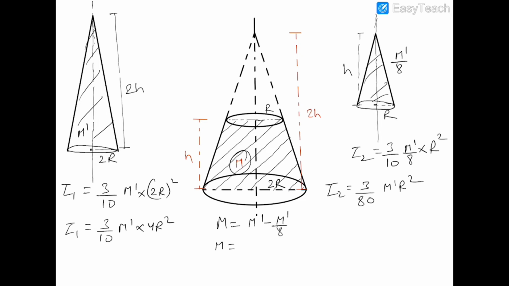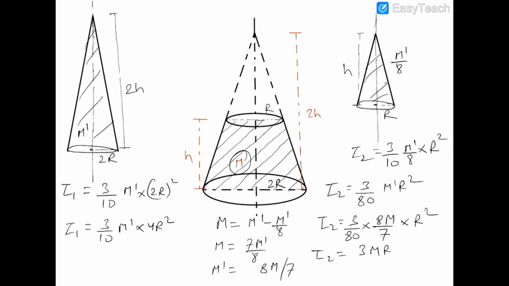So m is equal to 7 m dash by 8, and therefore m dash is equal to 8 m by 7. Now I2 is equal to 3 by 80 into m dash, which is 8 m by 7, into r square. So I2 is equal to 3 m r square by 70. So this is the moment of inertia of this smaller cone about the same axis.